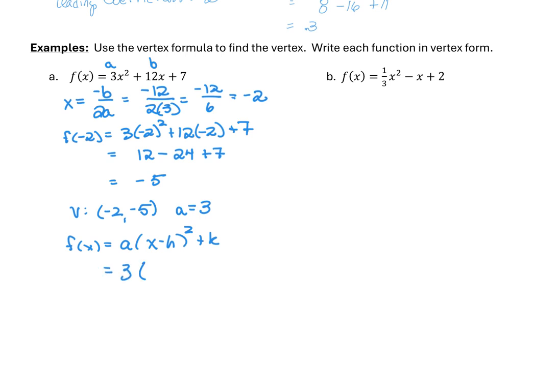We want to change the sign of the x coordinate of our vertex. We get minus negative 2 squared. And then we have plus k, which in this case is negative 5. And so this is going to be just minus 5. And we're done.